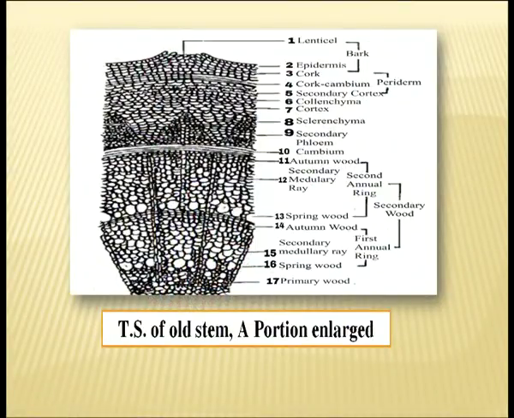So, well, let us move to the TS of an old stem, where a portion has been enlarged. Just have a look and then we will move forward. I want you to focus on the bark. Can you see point number 1, which is called the lenticel? The lenticel is the breathing area of the bark.